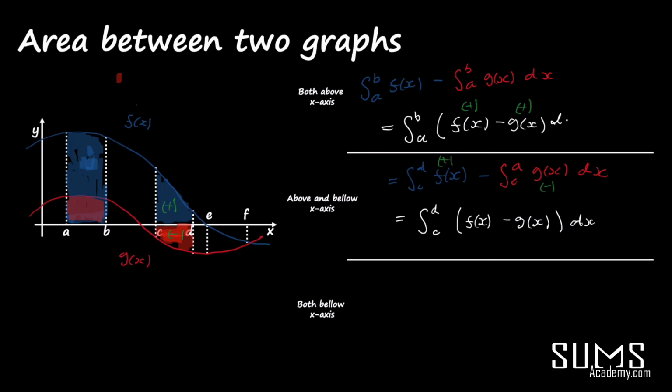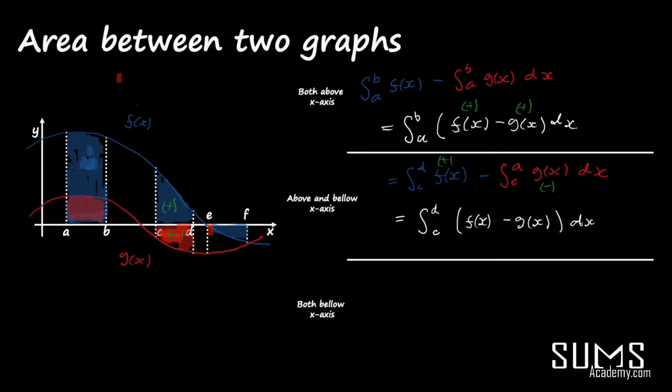Okay, brilliant. Now, what happens here? What if both of them are below the x-axis? Then surely they're both just going to be negative, right? Well, it's just the opposite, really.